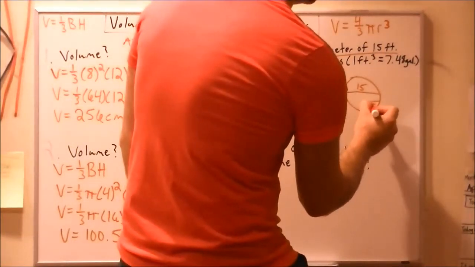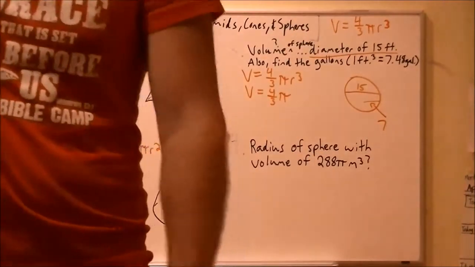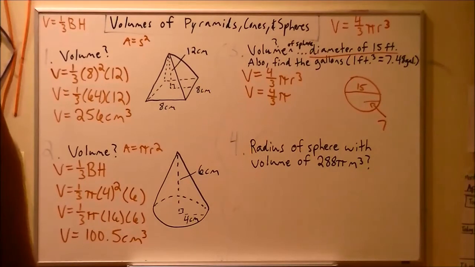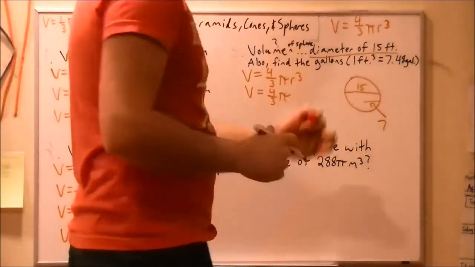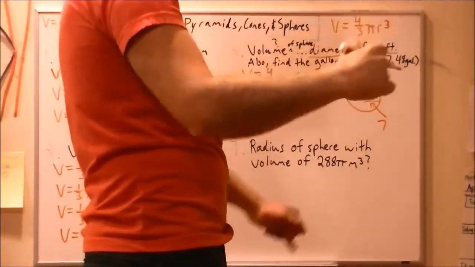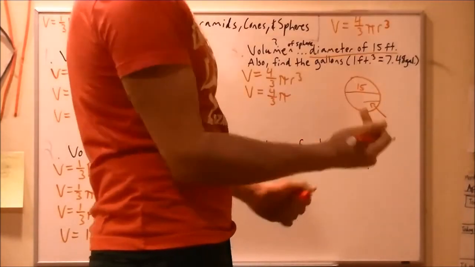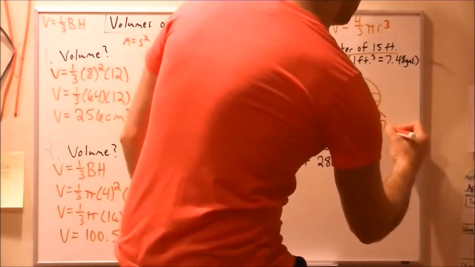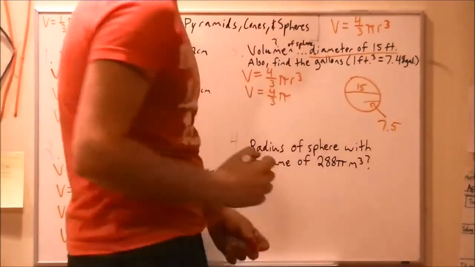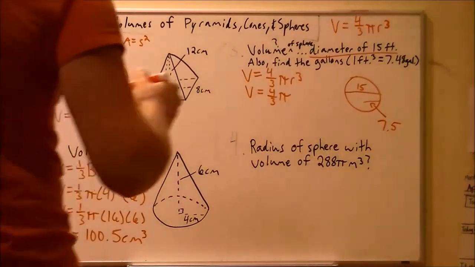So what's half of 15? Half of 14 is 7, and half of 16 is 8, so halfway between 7 and 8 is 7.5.